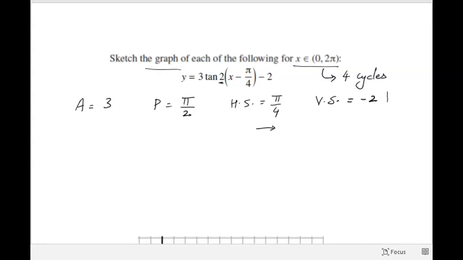Now, unlike sine and cos functions, a tan function is always going to have an x-intercept. The reason is the presence of the asymptote, where you might go all the way from positive infinity to negative infinity. What I mean by that is I'm just going to quickly draw a rough graph of a tangent function. So if I just have the basic one, y equals tan x, for example, which has a period of pi, it has an asymptote at pi on 2.